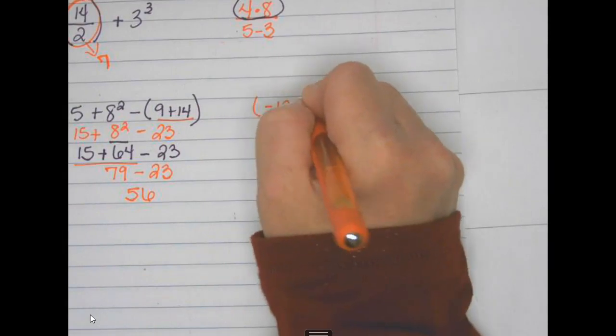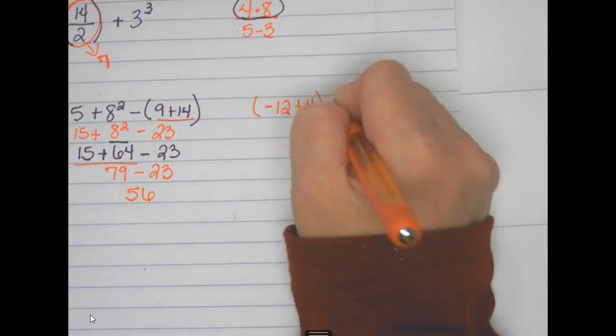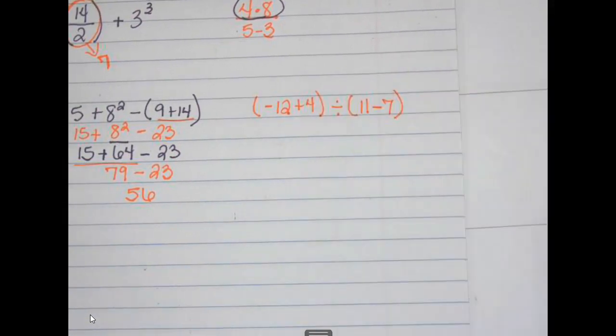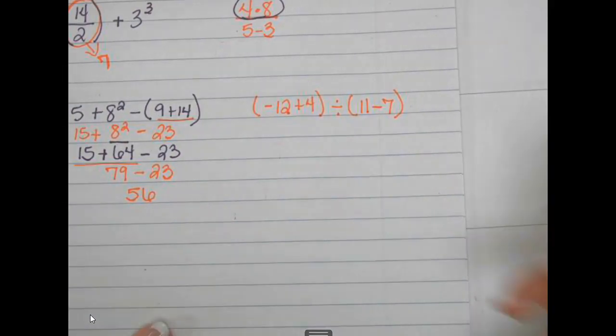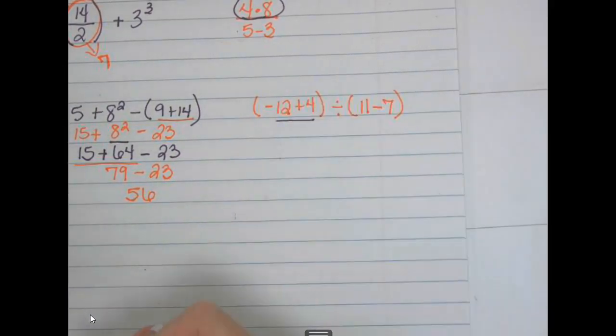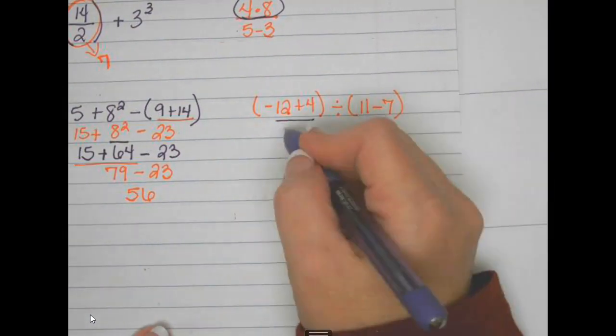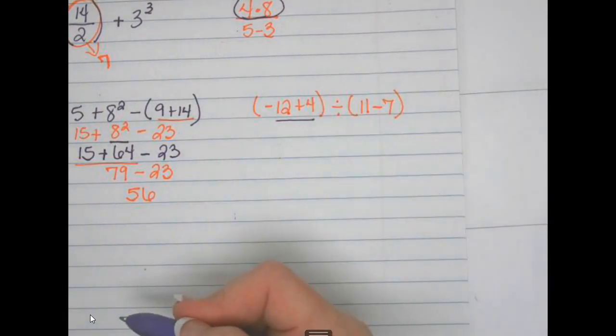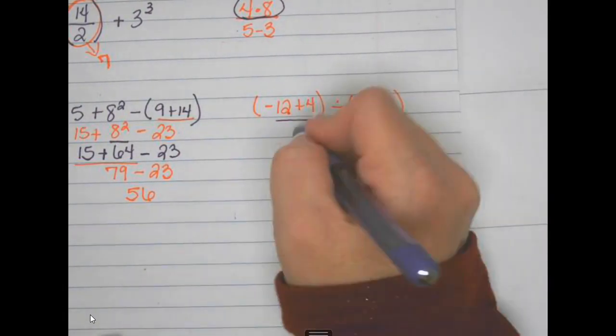Negative 12 plus 4, divided by 11 minus 7. I have two sets of parentheses. It does not matter which one I do first. Negative 12 plus 4. So signs are not the same, so we subtract. 12 minus 4 equals 8.